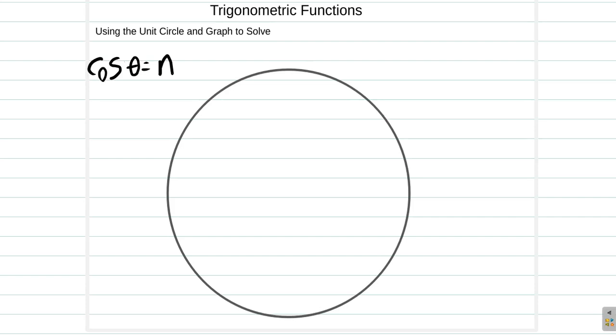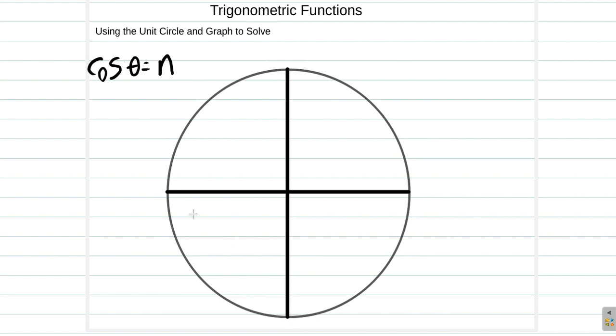In a previous video, we spoke about the sine of an angle using the unit circle and the graph, but this time we're going to look at the cosine of an angle. So let's say this is our unit circle. I'm going to draw the 4 quadrants of the unit circle.